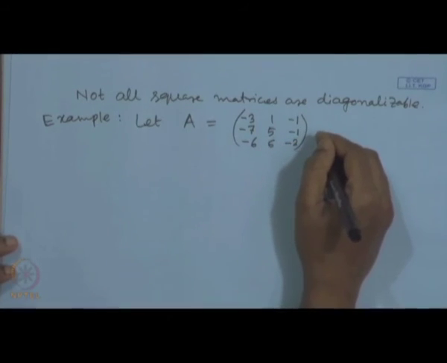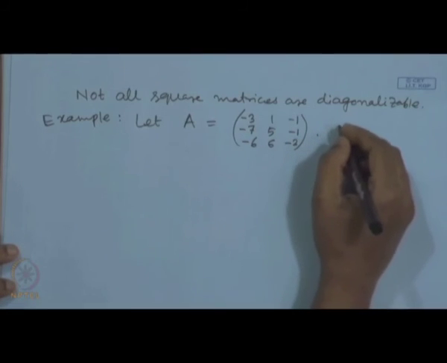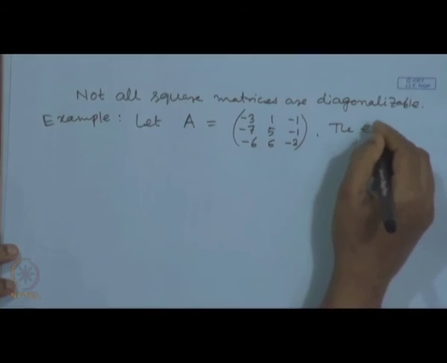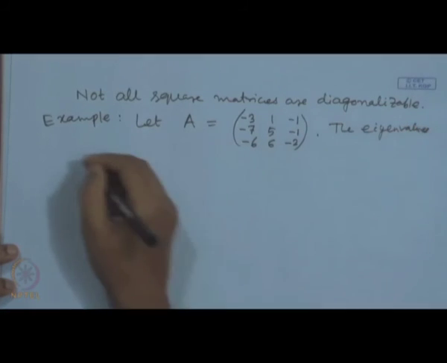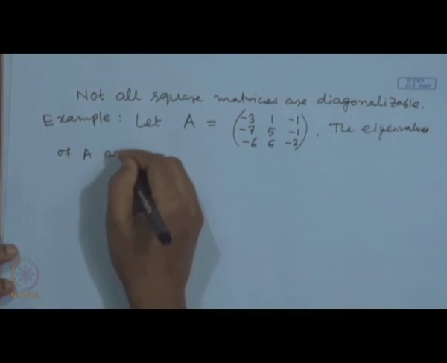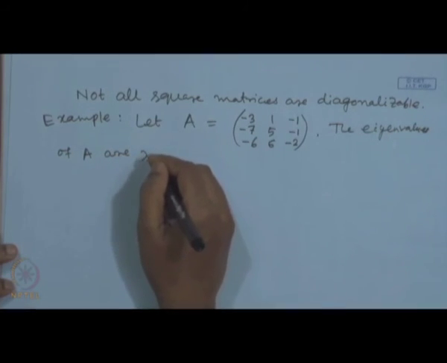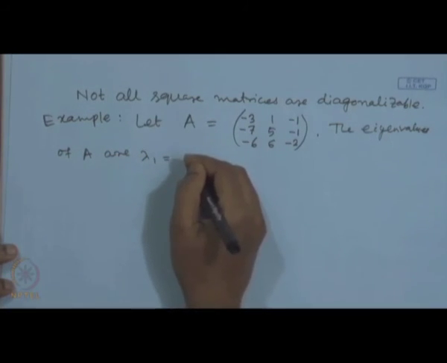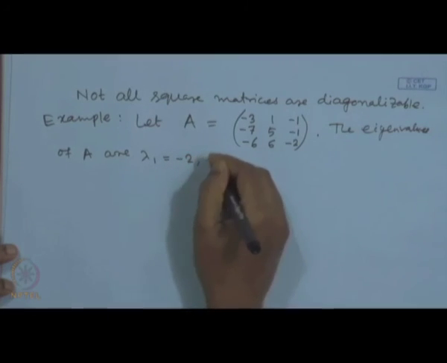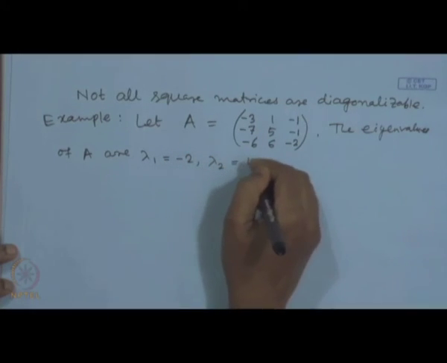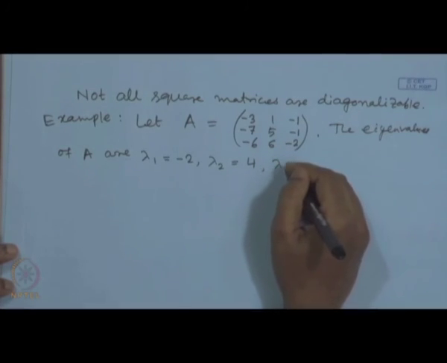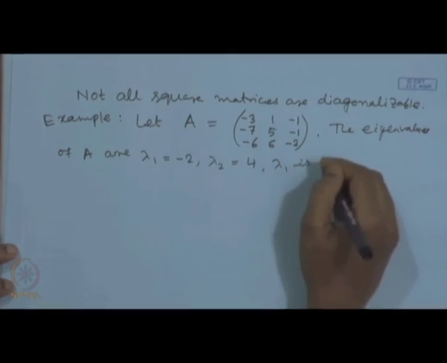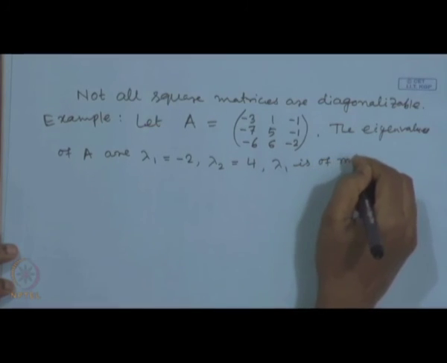Here one checks that the eigenvalues of A are lambda 1 equal to minus 2, with multiplicity 2, and lambda 2 equal to 4.